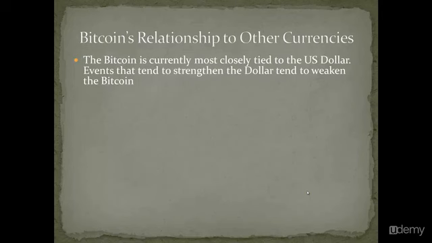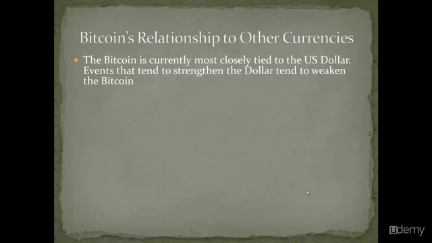Historically, by looking at the statistics, we've seen that when the US dollar weakens, that tends to strengthen the Bitcoin. However, most of the people who are currently invested in the Bitcoin are not institutional, sophisticated investors, so dollar weakening is not terribly well reflected in the price of the Bitcoin.